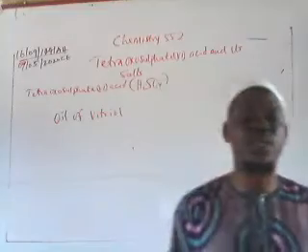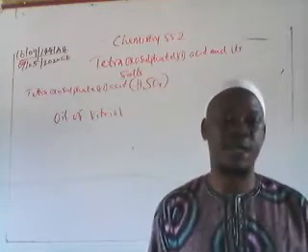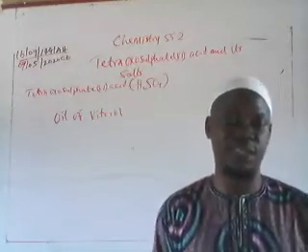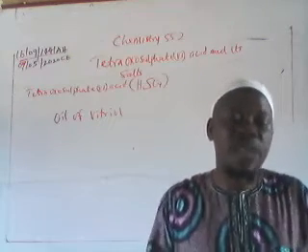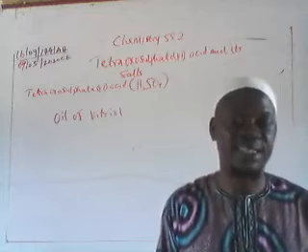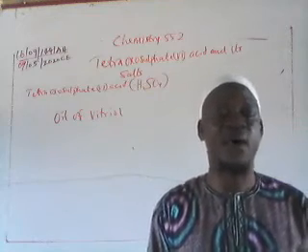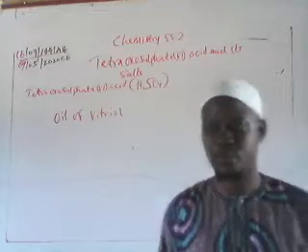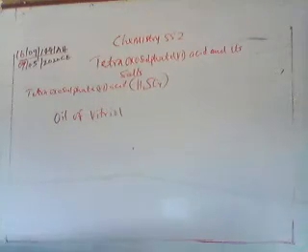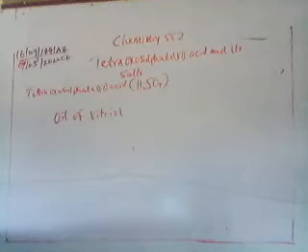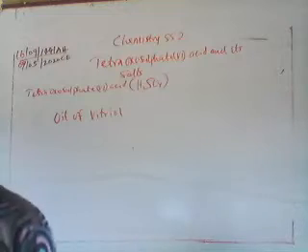Now, coming to the peculiar reactions of tetraoxosulphate(VI) acid. It sometimes acts as an oxidizing agent. We are all aware that when an acid reacts with metals, hydrogen gas is liberated.